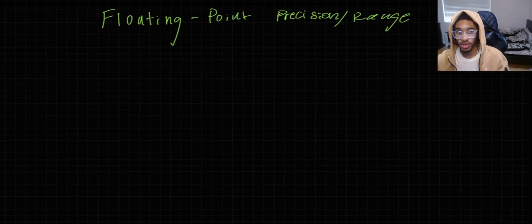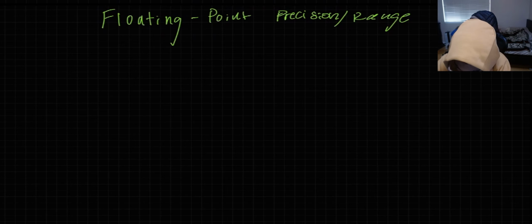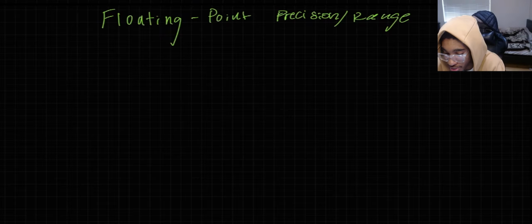All right, so video number 2. This one's going to be on floating point, precision, and range. So for starters, floating points are numbers and they're stored in normalized binary scientific notation.